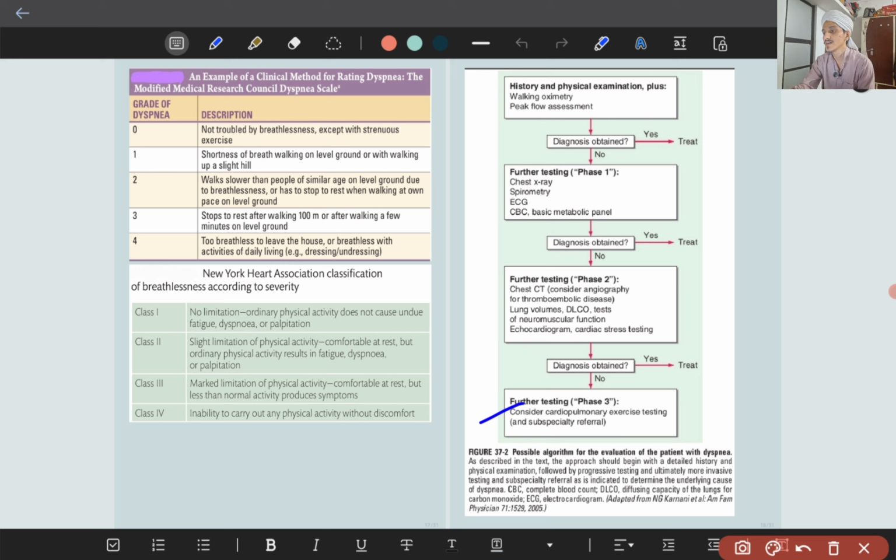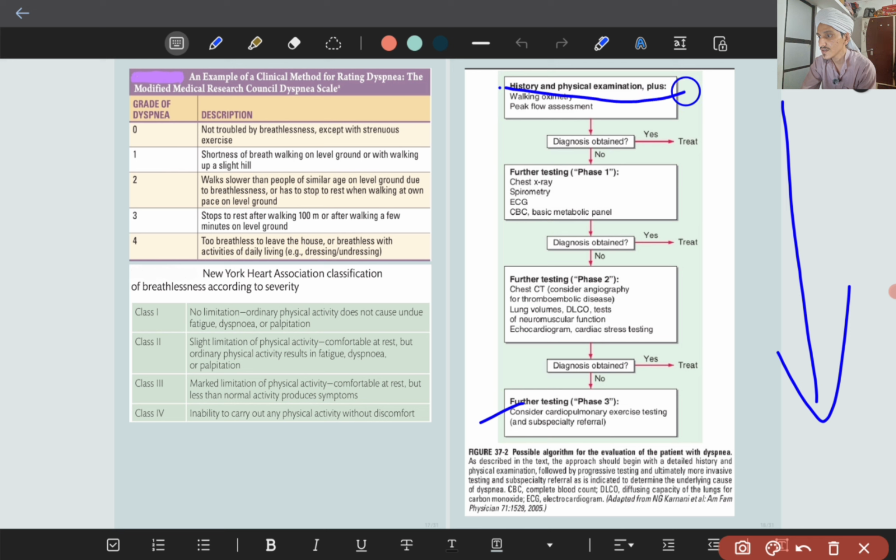So this is the very important step-by-step algorithm for investigation. By history and physical examination, if you know, then treat. If you fail, then you order the first line investigation. If you know, you treat. If you fail, you order the second line investigation.